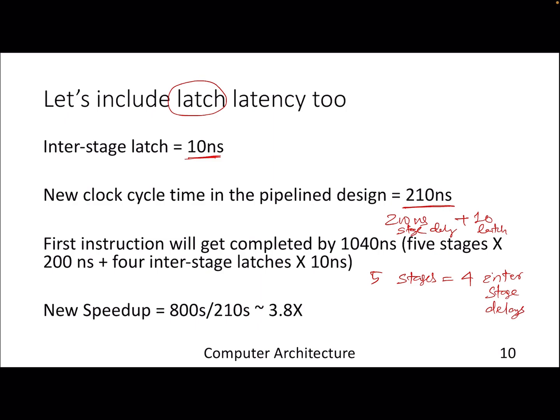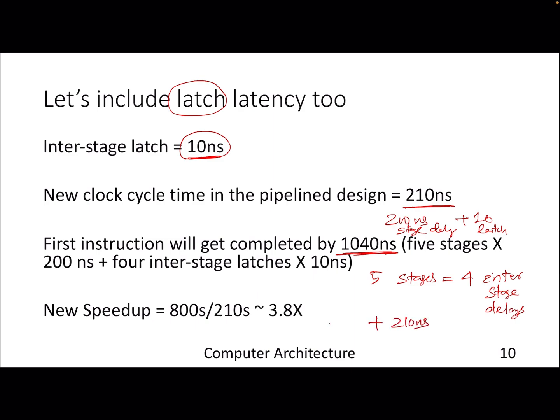So now if we complete the execution time equation, the first instruction will get completed in 1040 nanoseconds. Why 1040? Previously it was 1000, but now we have added the 10 nanosecond interstage delay. In a 5-stage pipeline, you'll have 4 interstage delays, which makes it 1040 nanoseconds. And once you are done with that, the rest of the instructions will each take 210 nanoseconds.